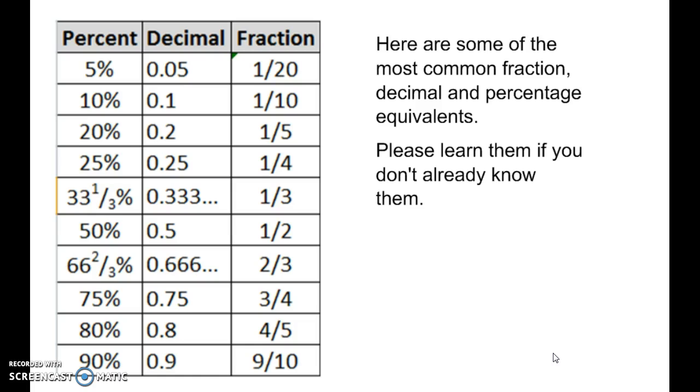There are a couple that aren't included here but can easily be worked out. For example, I haven't included 2/5, but 2/5 will be twice as much as 1/5, so that would be 0.4 and 40%. 3/5, 0.6 and 60%, and so on.